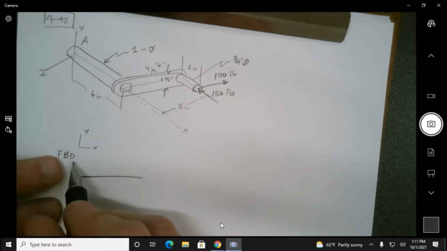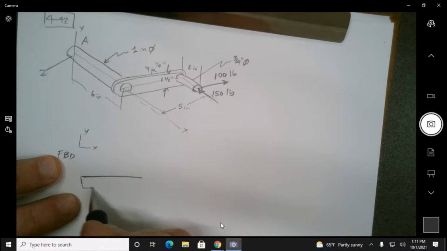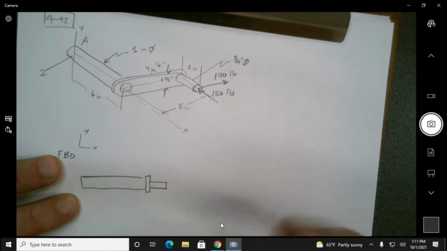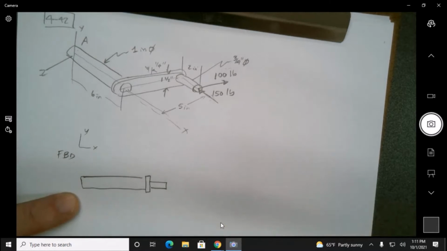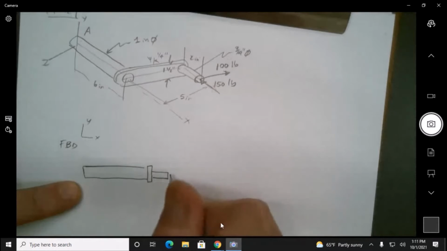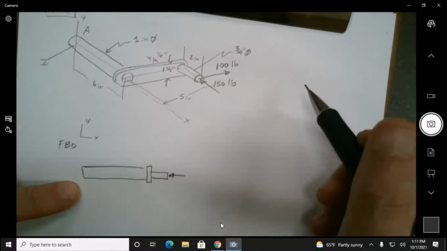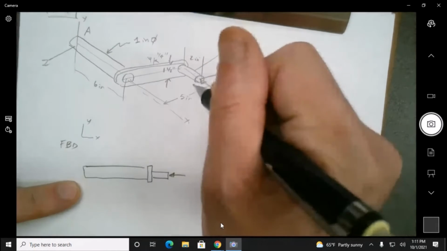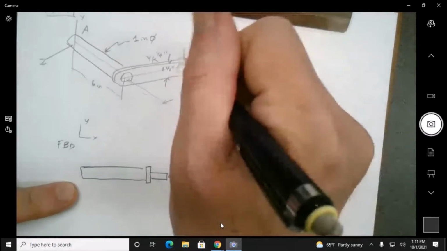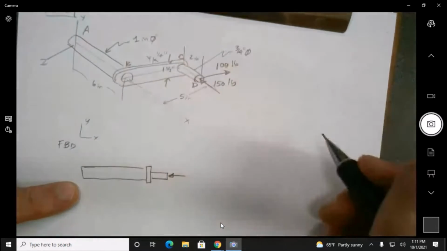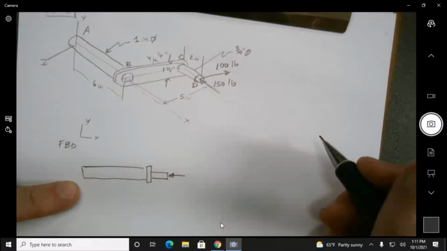I'm calling it FBD. All right, so I got a force coming this way, and we're looking for the deflection at D, right? I didn't label all these: D, C, and B, okay.